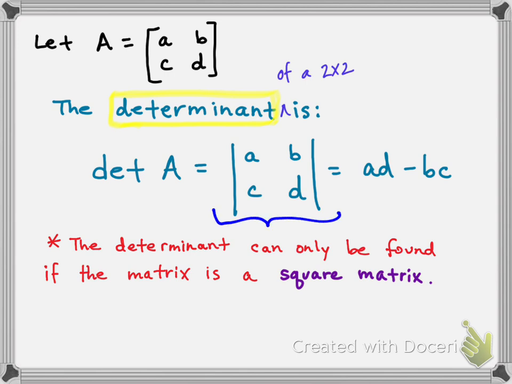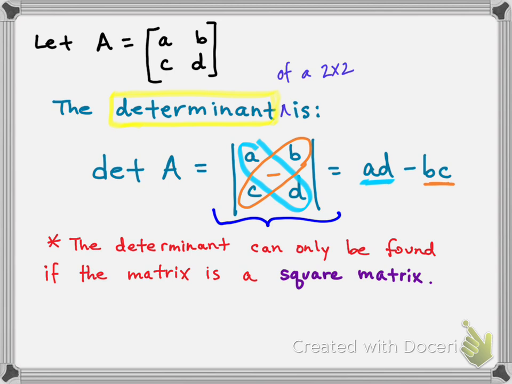No longer does it have the little bracket, but that means find the determinant. And to do that, you're going to take the multiplication of the diagonals. So you're going to multiply A times D. Notice that's the first term. You're going to subtract away the diagonal B and C. So it's AD minus BC every time.